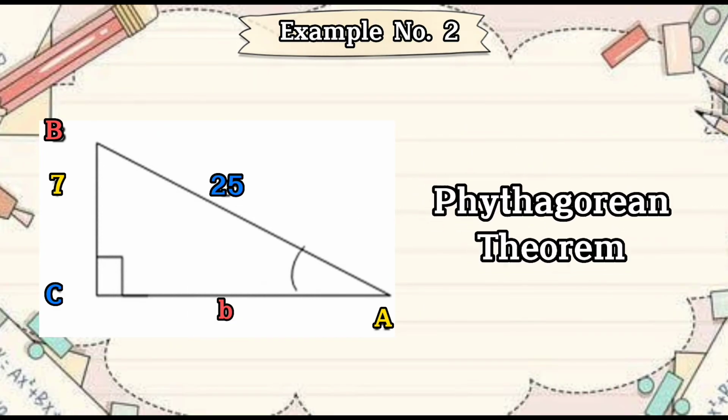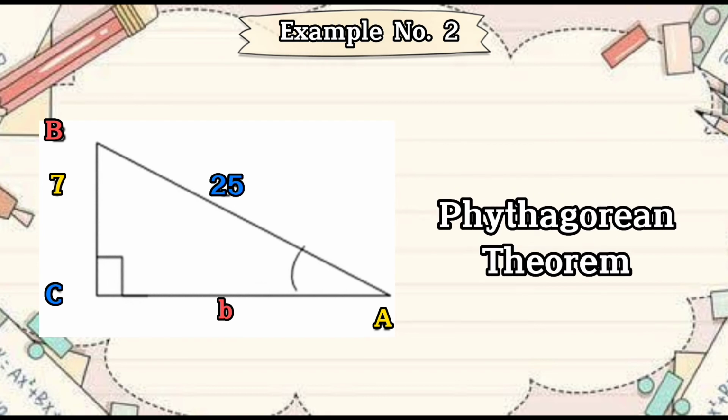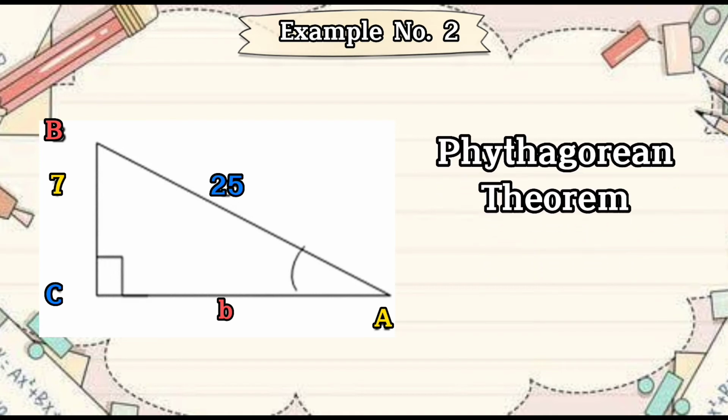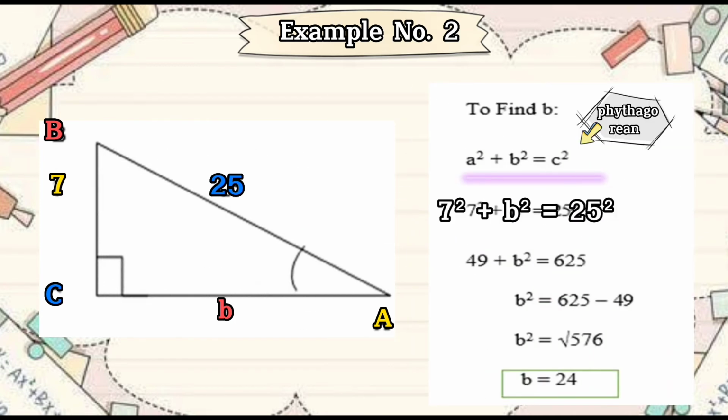Ano nga ba yung formula sa Pythagorean theorem? Okay, the formula for Pythagorean theorem is a squared plus b squared is equal to c squared. Dahil given na yung a natin, also yung value ng c natin, substitute natin to at bali magiging 7 squared plus b squared is equal to 25 squared.